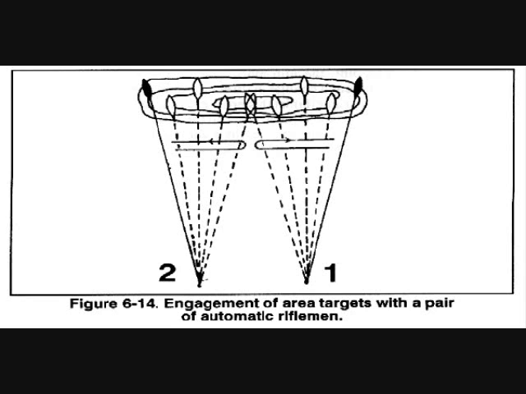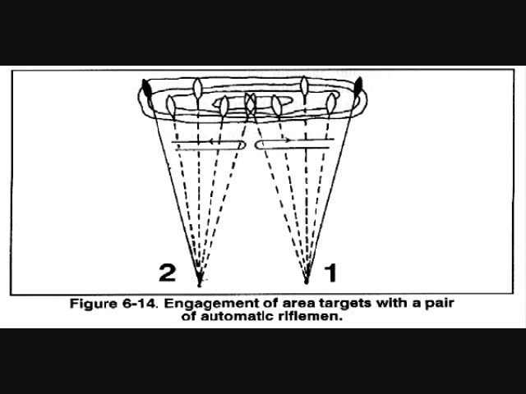After adjusting fire on the center of mass, both automatic riflemen distribute fire by applying direction and elevation changes that give the most effective coverage of the target area. The right automatic rifleman traverses to the right, applies the necessary amount of search, and fires a burst.